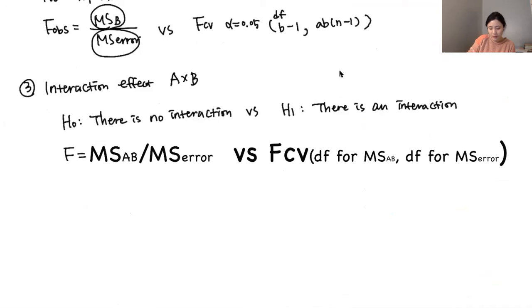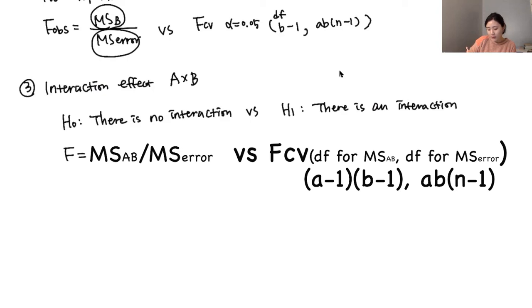We need to compare this one to a critical value, assuming that alpha is 0.05, and my first degree of freedom is the degree of freedom of the interaction effect, which is A minus 1 times B minus 1, comma, my second degree of freedom is the degree of freedom of mean square error, that is AB(n minus 1).